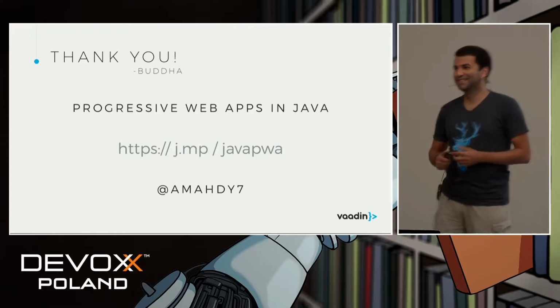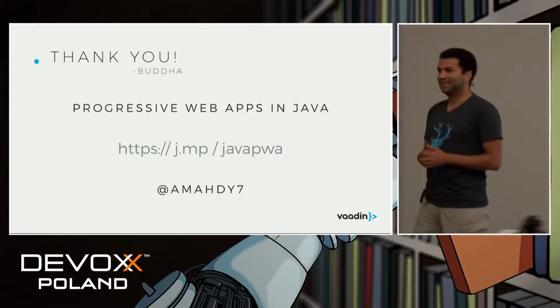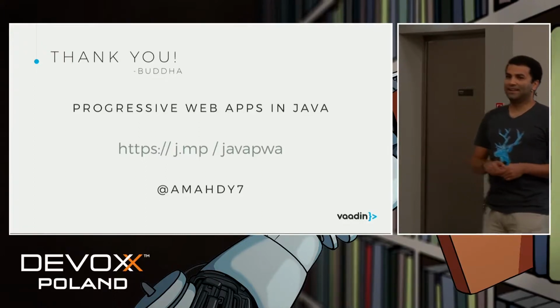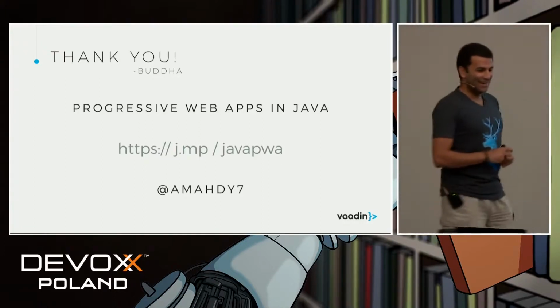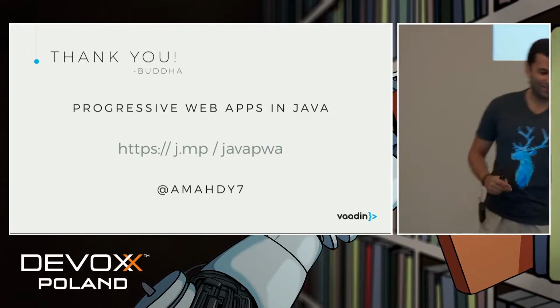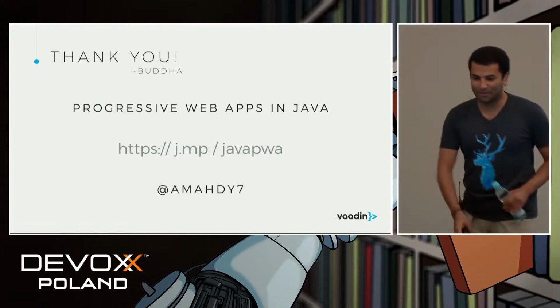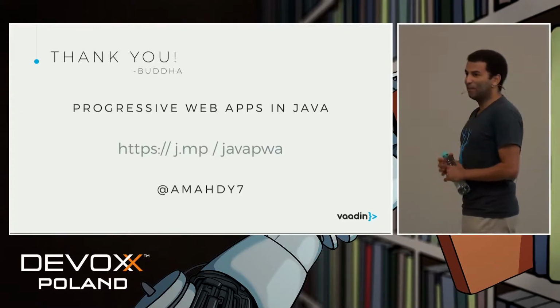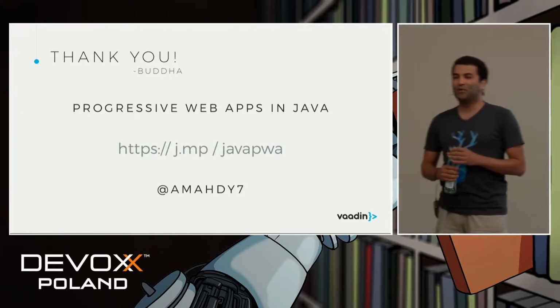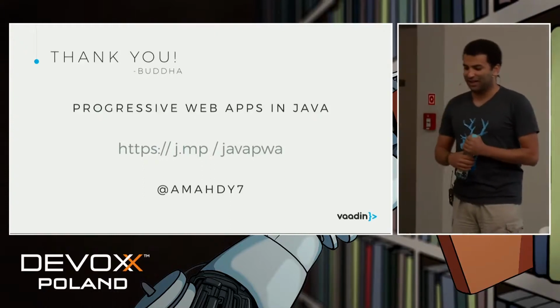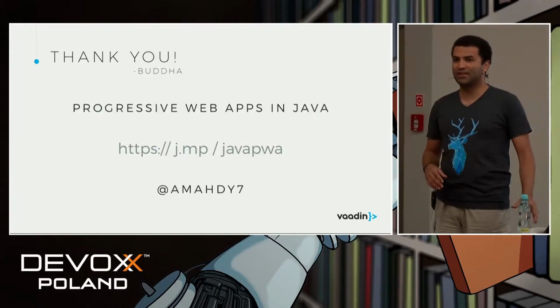Yeah. What hardware capabilities can you access with a progressive web app? Excellent question. Thank you. So the question is, what hardware capabilities can we have using a progressive web app? As of right now, plenty. The web platform has developed a lot, and they have done a lot of good work in this regard.